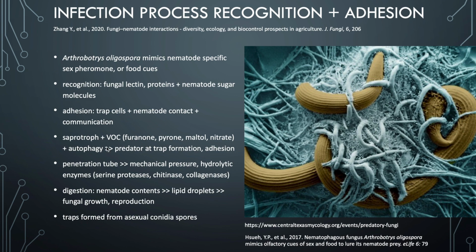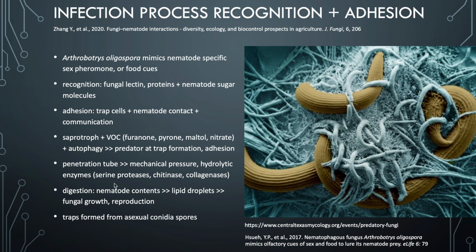But there are special volatile organic compounds that are released, such as furanone, pyrone, maltol, and nitrate, as well as autophagy, so disintegration of the fungal cells at a time when the traps are forming. And the fungus switches between being a saprotroph to becoming a predator, and this then causes the adhesion to occur.